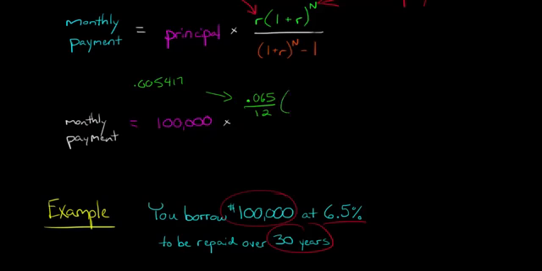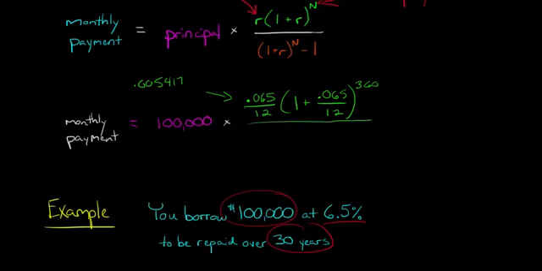Then we multiply by 1 plus R, which is 0.065 over 12, and then we raise that to the nth power. Since it's a 30-year mortgage, we're going to have 30 times 12, 360 payments. So this is going to be to the 360th power.